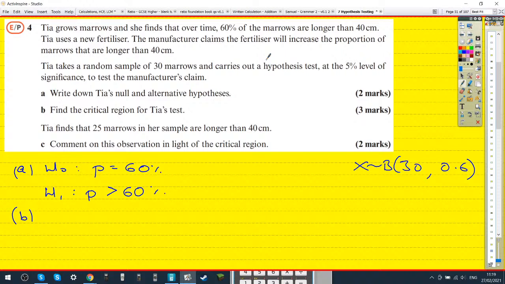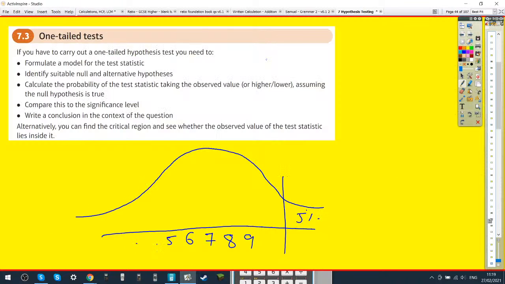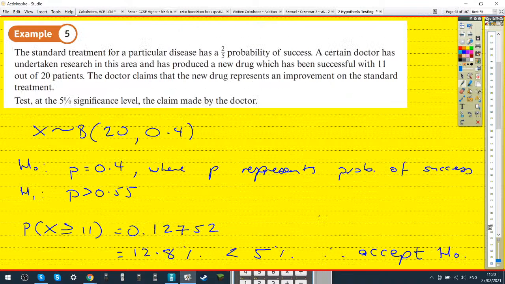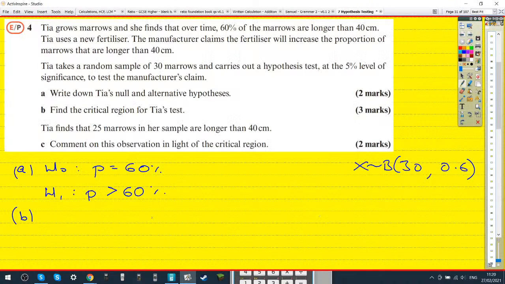So this diagram here, if the probability is greater than, then we're looking at the higher end. If the probability is increased, we'll be looking at the higher end. Okay. Because more marrows will be longer. Yeah.